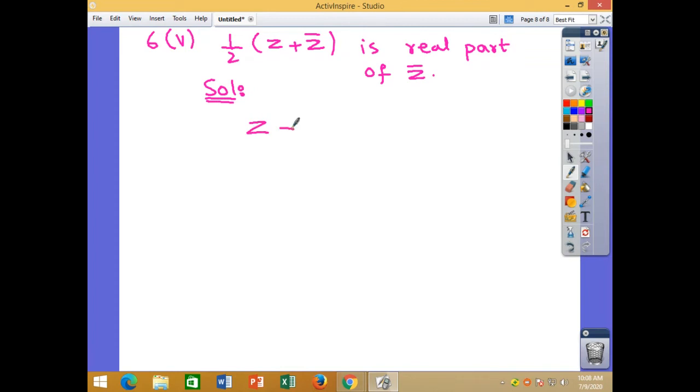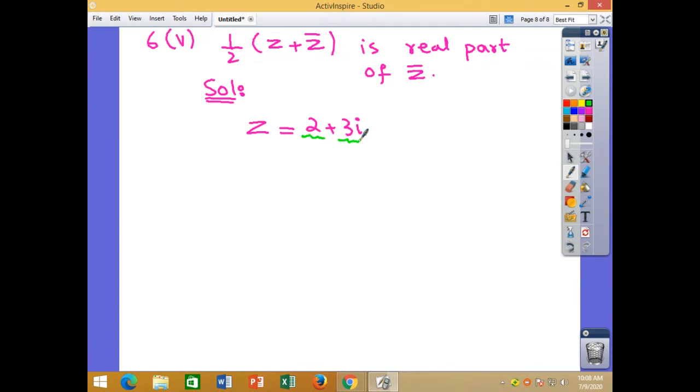The value of z is 2 plus 3 iota. What is its real part? Its real part is 2 and its imaginary part is 3. The question is, show that 1 by 2 of z plus z conjugate is the real part of z.